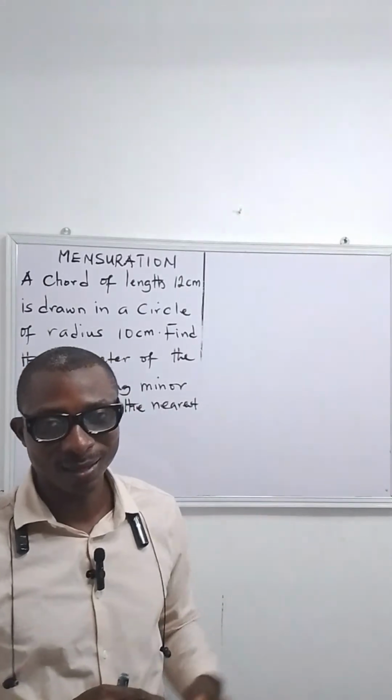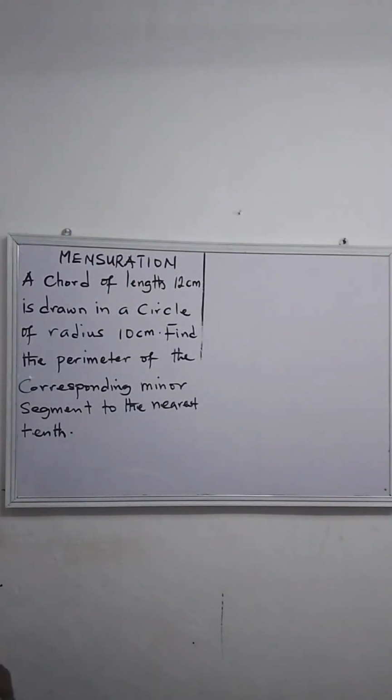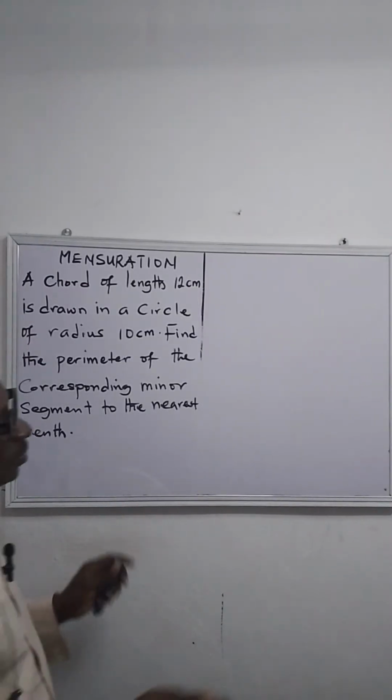Okay, so let's see. How do we solve this problem? A chord of length 12 centimeters is drawn in a circle of radius 10 centimeters. Find the perimeter of the corresponding minor segment to the nearest tenth. Okay, so can we sketch that here?